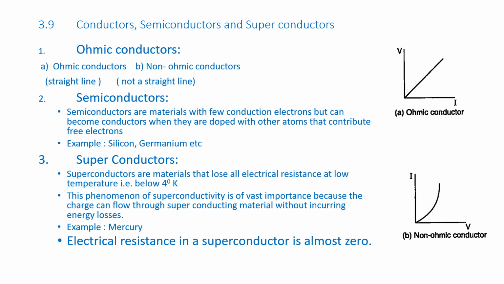Superconductors. Superconductors are materials that lose all electrical resistance at low temperature, that is below 4 degree Kelvin. That means the resistance decreases enormously at very low temperature. This phenomenon of superconductivity is of vast importance because charge can flow through superconducting material without incurring energy loss.